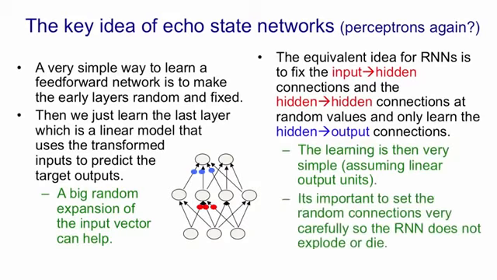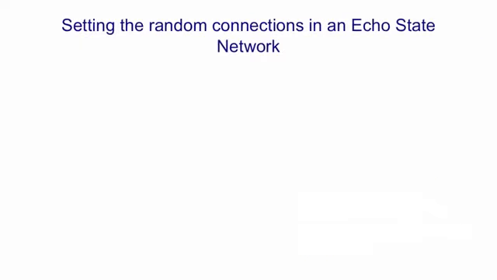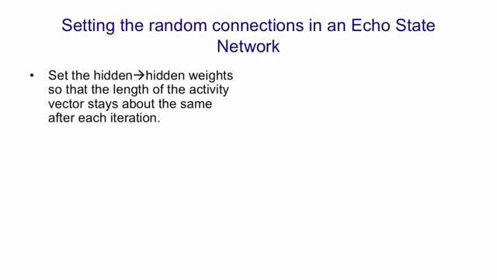This approach is only ever going to work if you set the random connections very carefully so that the recurrent neural network doesn't die out with no activity and doesn't explode. So the way they set the random connections in an echo-state network is they set the hidden-to-hidden weights so that the length of the activity vector stays about the same after each iteration.